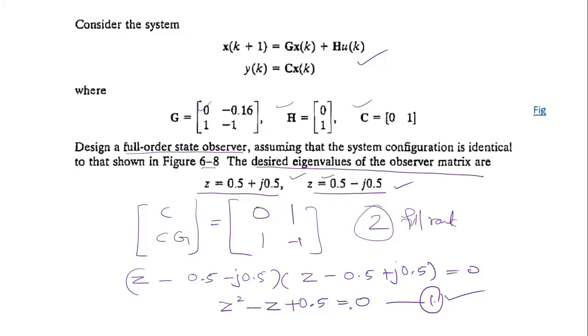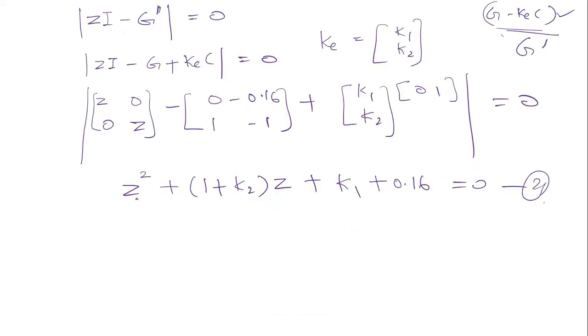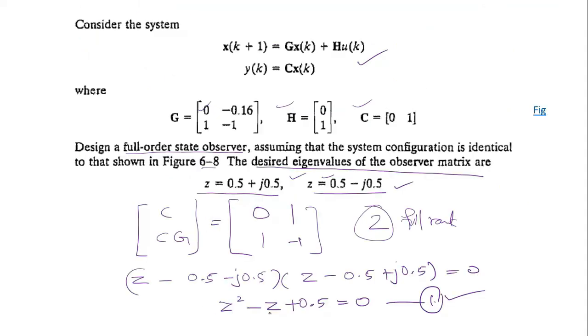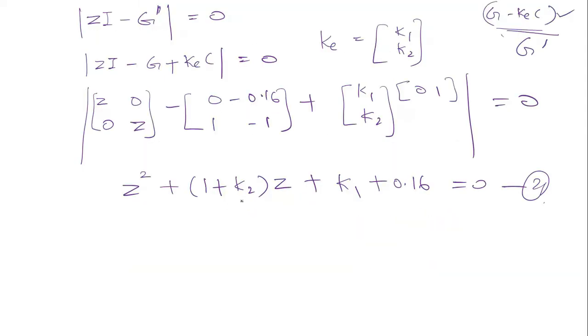The first is the characteristic equation of our desired observer matrix, and the second is the characteristic equation of our observer matrix in terms of K1 and K2. So just compare the coefficients. Here the coefficient of z is minus 1, and here it is 1 plus K2, so 1 plus K2 should be equal to minus 1, K2 equal to minus 2. Similarly, K1 you can find.